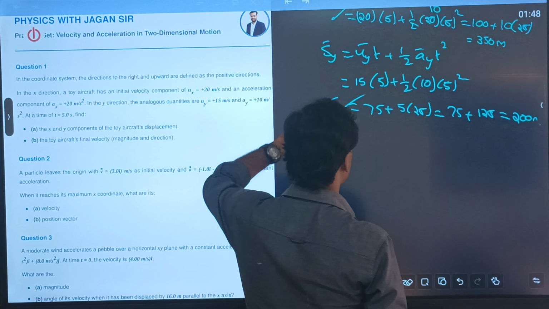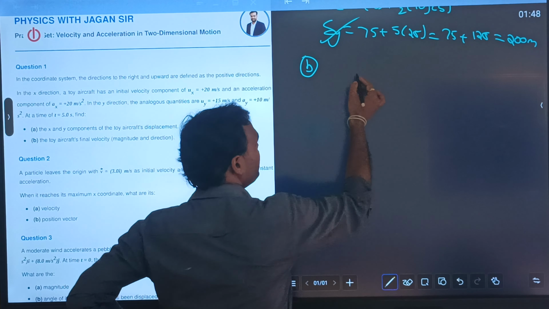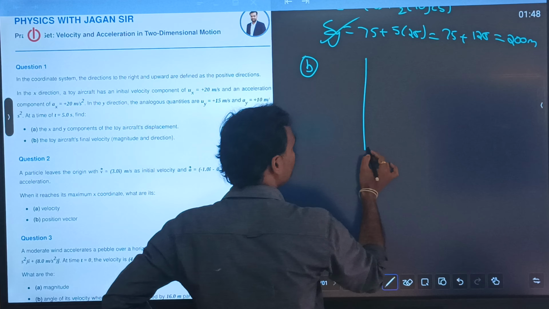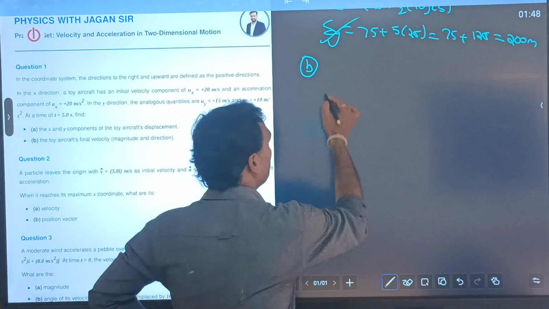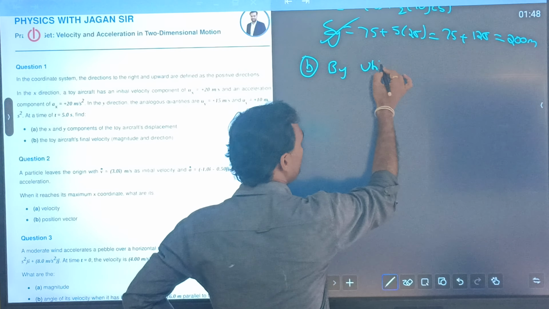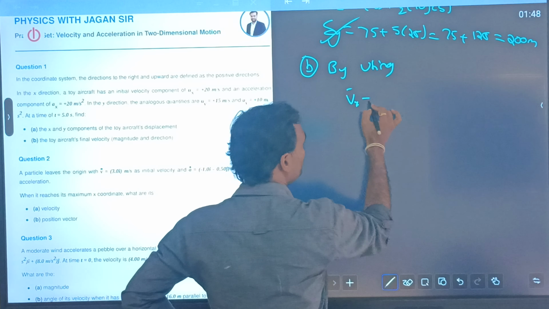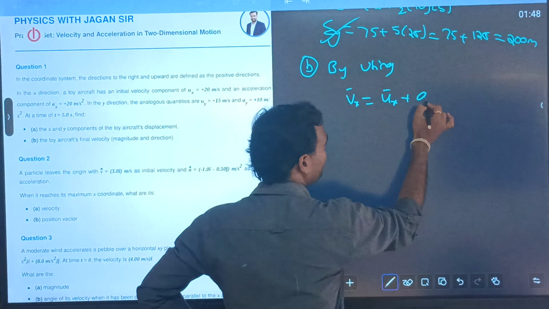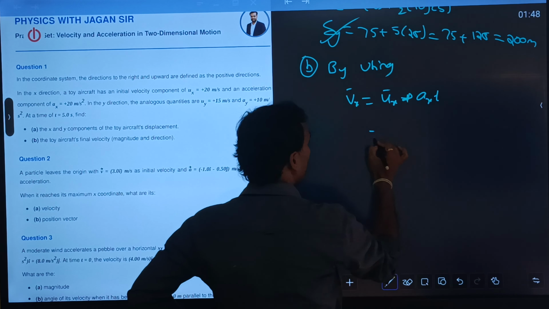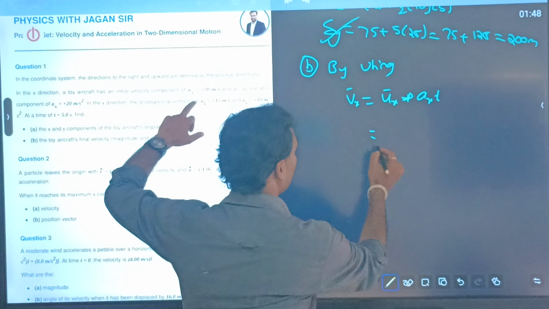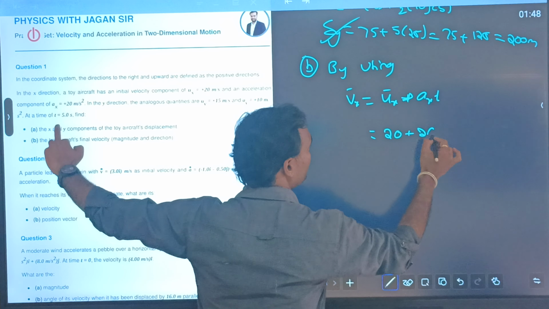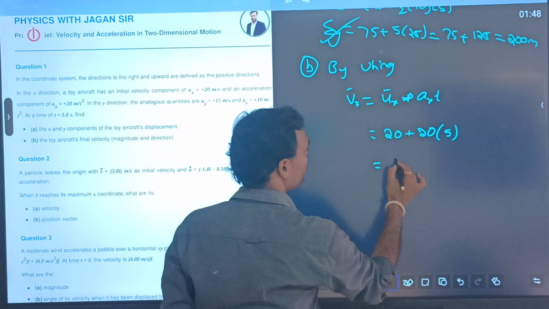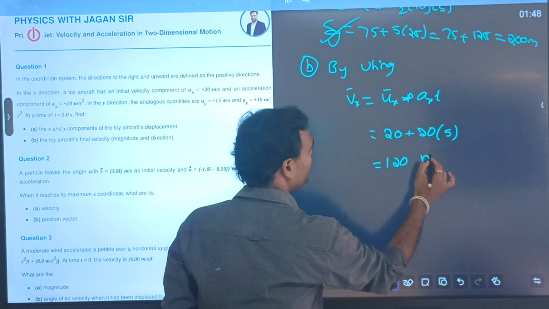Now see here, suppose I want to find the Vx value. By using Vx = ux + axt. Now, ux value they have given as 20 plus ax value is 20 times 5 seconds, which is 120 meters per second.